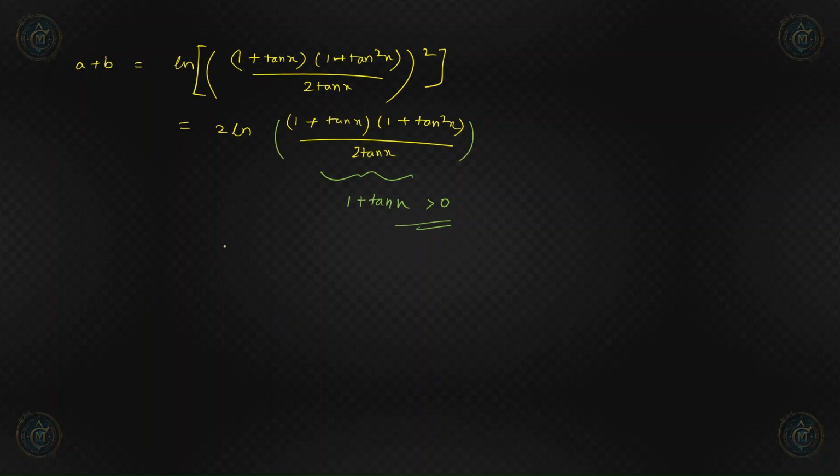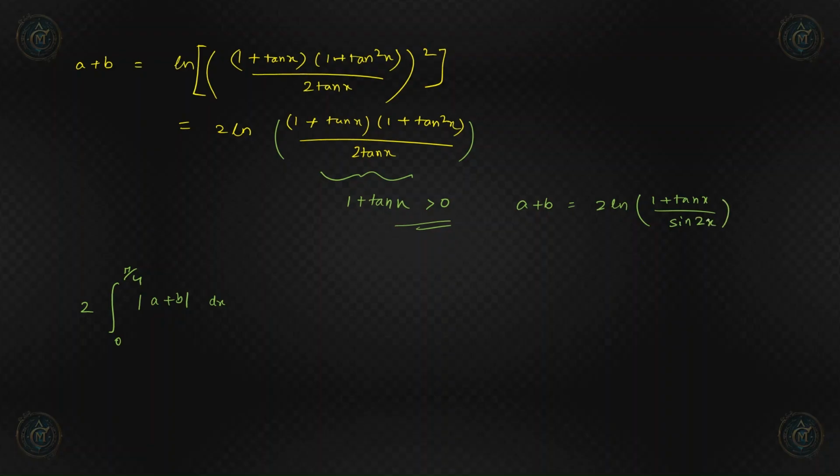So we have got this integral as integral 0 to pi by 4 mod of a plus b, a minus b, dx. And mod of a minus b is simply 2, so 2 outside. Now a plus b is 2 log of (1 plus tan x) divided by sine 2x.